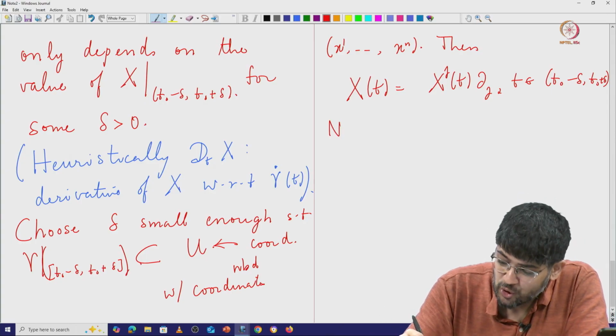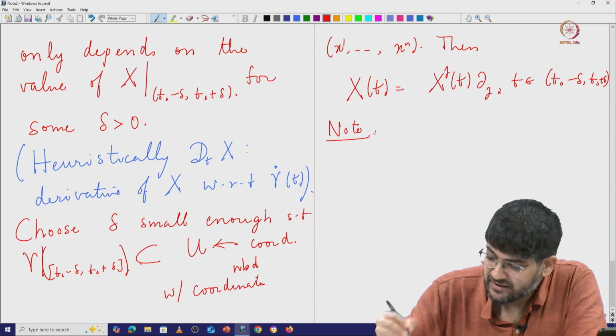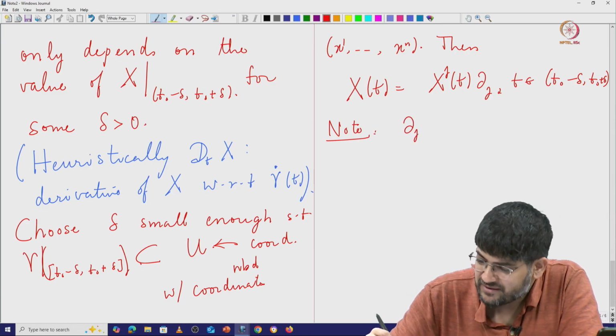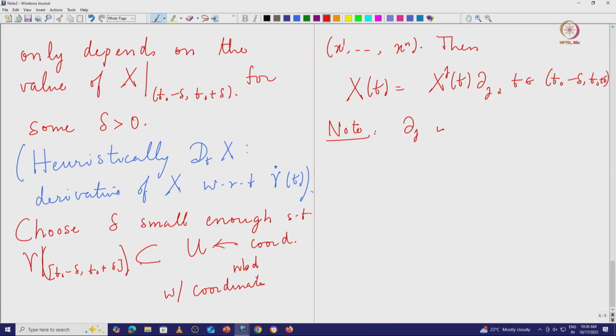Okay, now note that this vector field del j is clearly extendable, right. So the restriction of del j to gamma of t is clearly extendable because del j itself is an extension of this vector field.